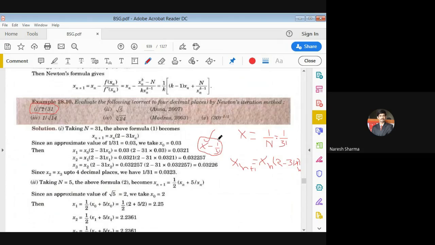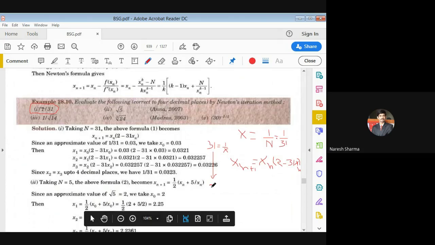And we already said in this derivation, we first convert this into 31 equal to 1 by x, and this can be written as 31 minus 1 by x as your function.